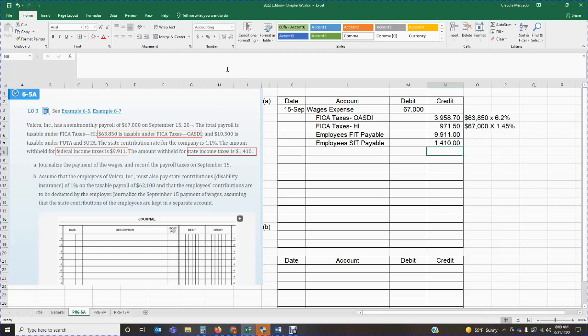So I know that my employees earned $67,000. I know that I'm going to deduct all of these four taxes from their paychecks. So now I need to figure out how much cash I am going to pay my employees. How much am I going to write the check for?